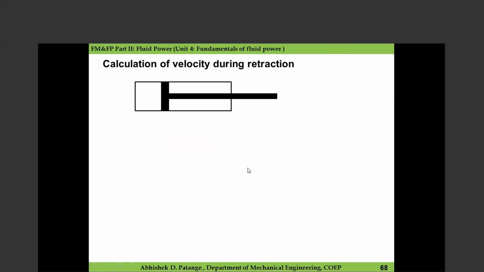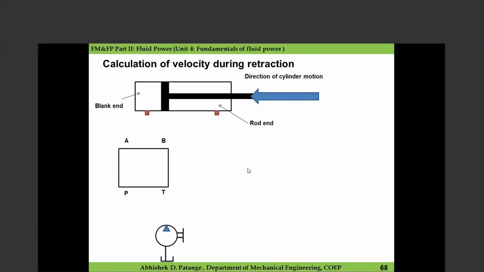Okay, so now let us try to calculate the velocity during retraction. As we know, the velocity during the retraction depends on two parameters. One is the discharge which is given by the pump. So the amount of liquid which is coming from the pump with some discharge, and the area from which it is being entered in the cylinder.